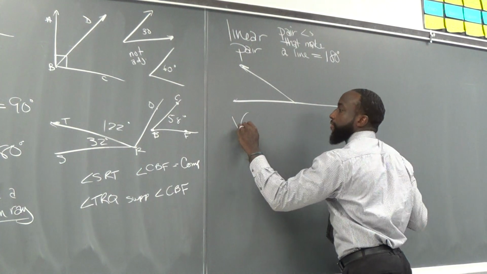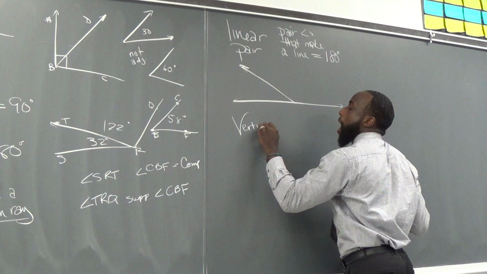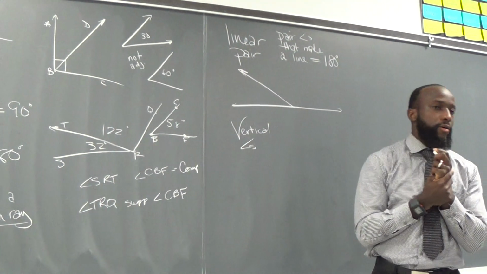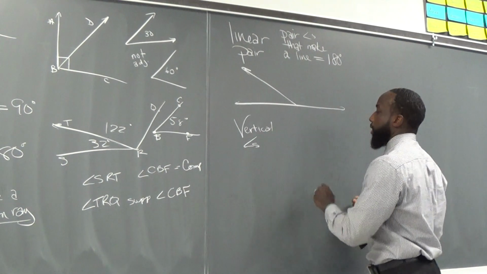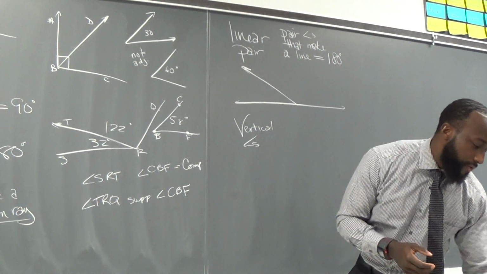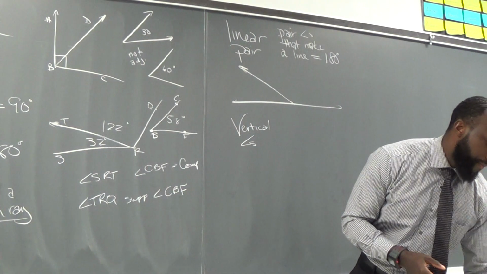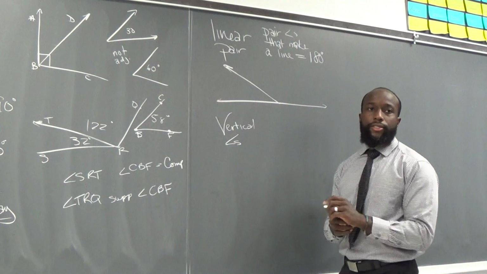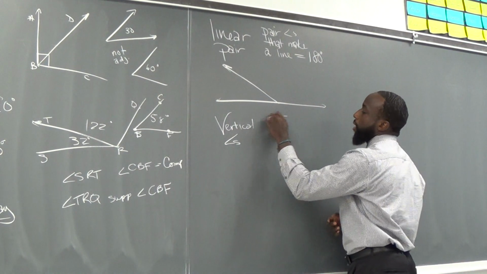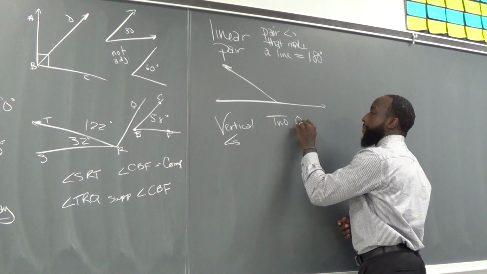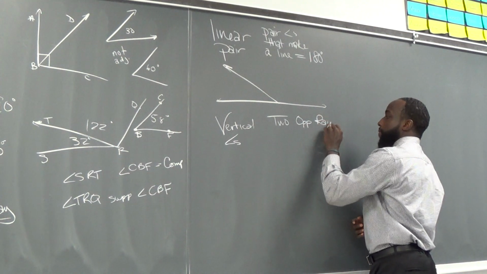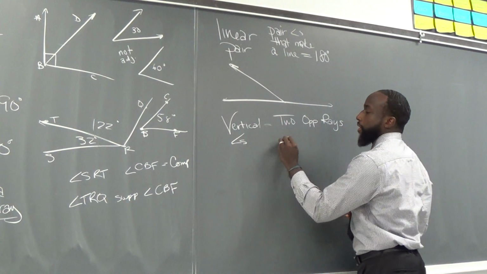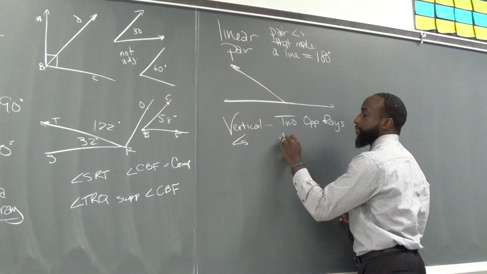Now, vertical angles. Vertical angles, in my definition, are like, let's read what the book says. Vertical angles are two angles whose sides are two pairs of opposite rays. So you got two opposite rays, and vertical angles are congruent.